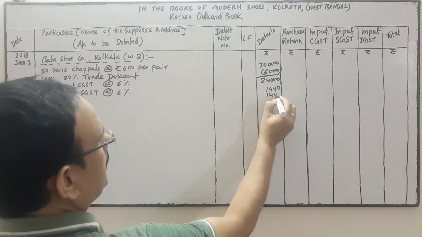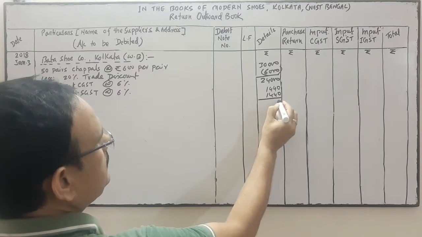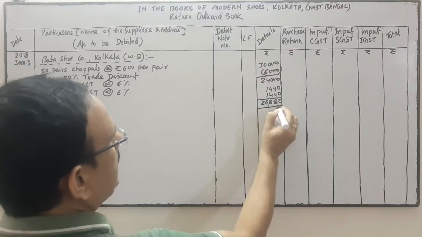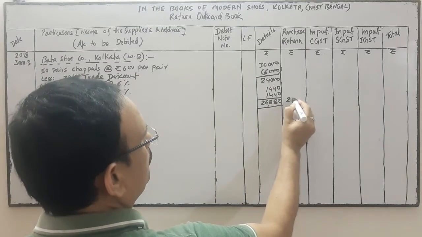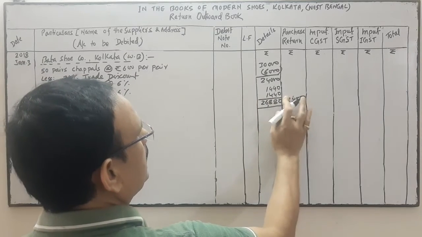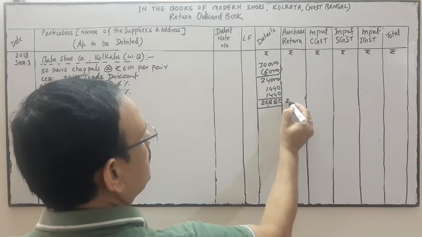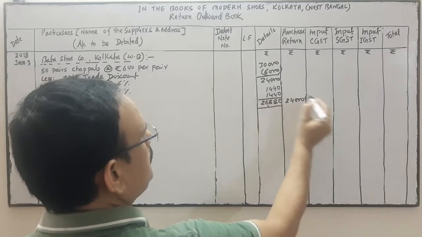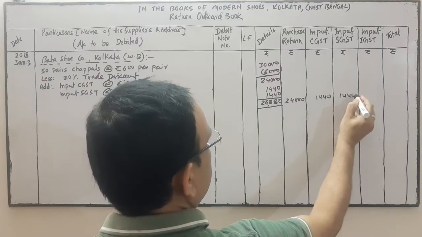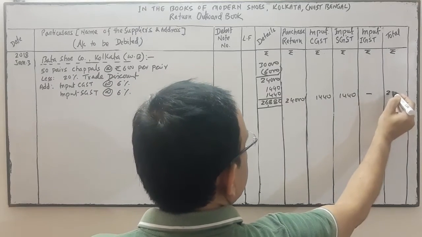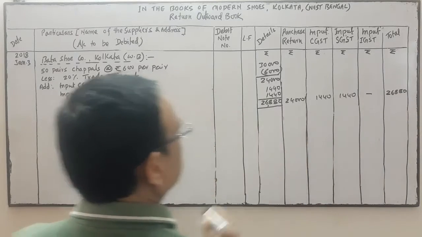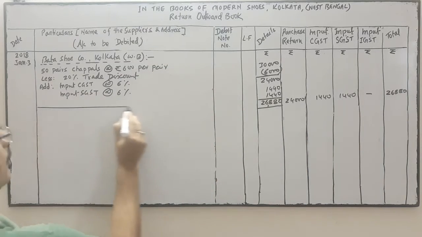Both CGST and SGST are 1,440. So the total is 26,880. So 24,000 will be in the purchase return column, this will be in the CGST, this will be in the SGST, and the total is 26,880. So the transaction is recorded over here.